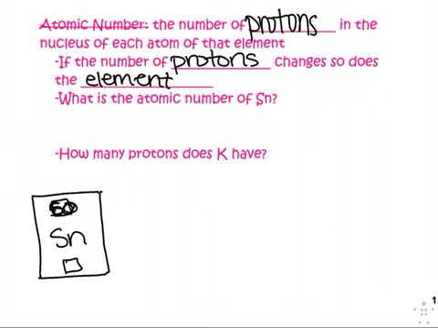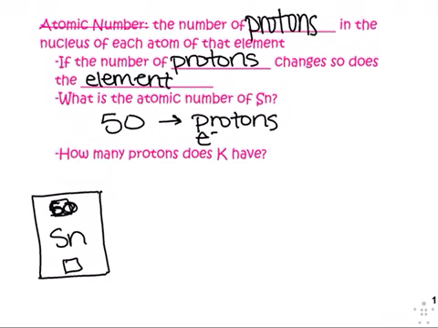So the atomic number of tin is 50. So that should indicate to you that tin has 50 protons. That will also indicate to you that in an atom of tin, there will be 50 electrons.